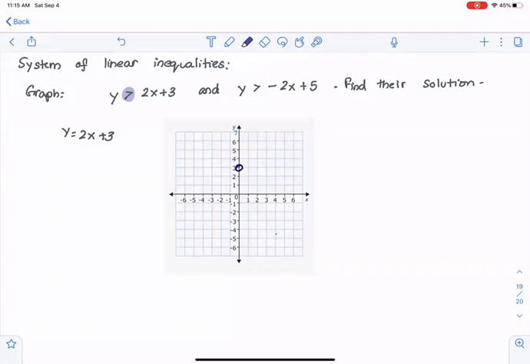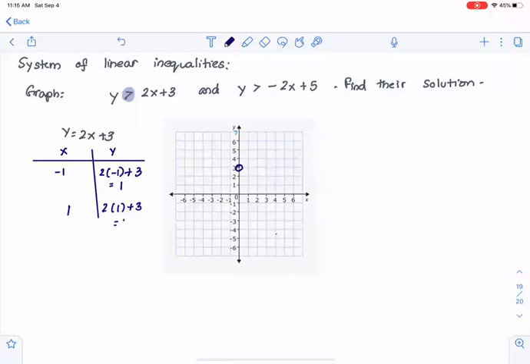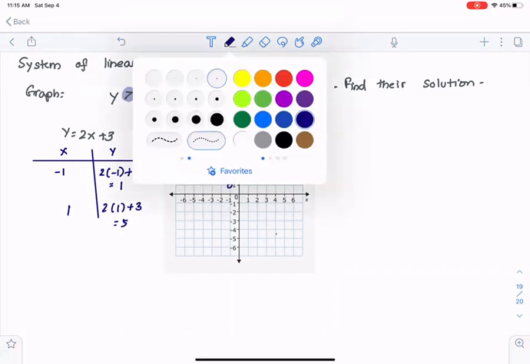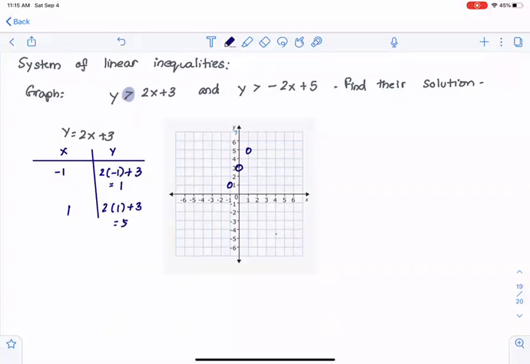I want one more. Let's say if I pick -1 for x, I have 2 times -1 plus 3, 3 minus 2, 1. If I pick +1, 2 times 1 plus 3, I get 5. So open dot here, open dot there, a dotted line through, and I will be done.